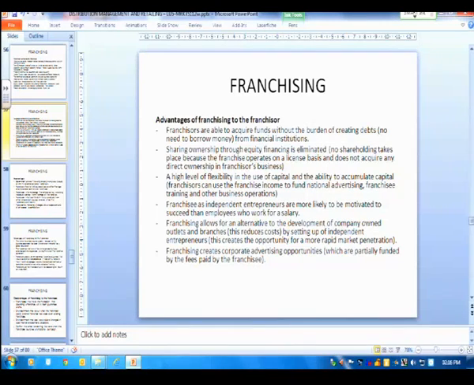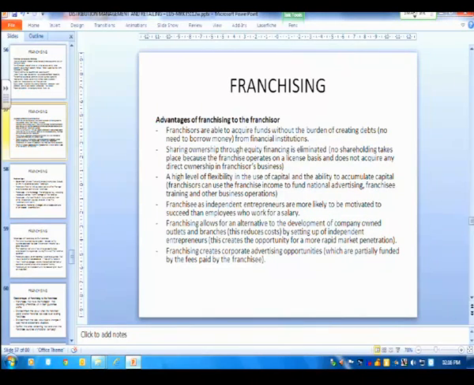A high level of flexibility in the use of capital and the ability to accumulate capital. Franchisors can use the franchise income to fund national advertising, franchise training, and other business operations. Franchising creates corporate advertising opportunities, which are partially funded by the fees paid by the franchisee.